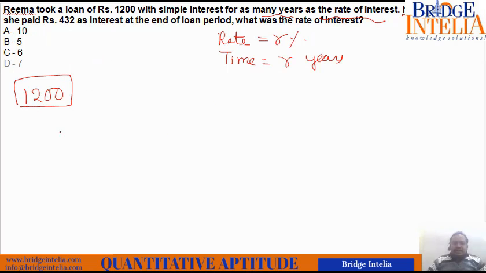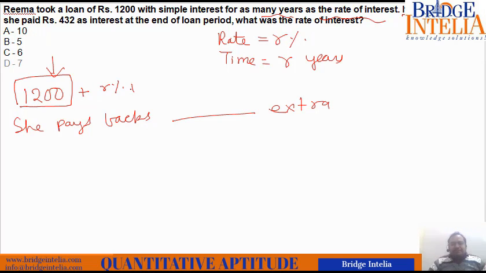So she actually pays back how much extra? This extra is the interest. So this she has taken, this she is definitely going to pay back, but additional R% she is paying. Each year she is paying R% as interest to the bank. For how many years? For R years.